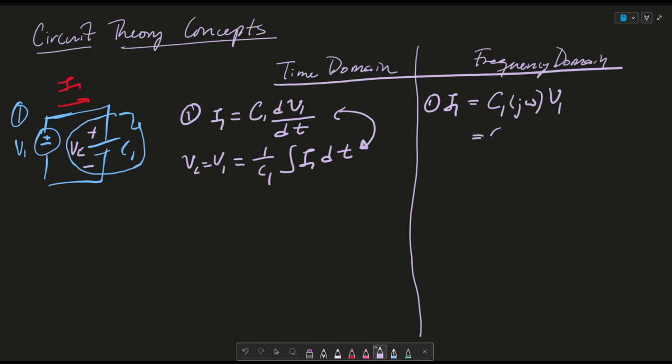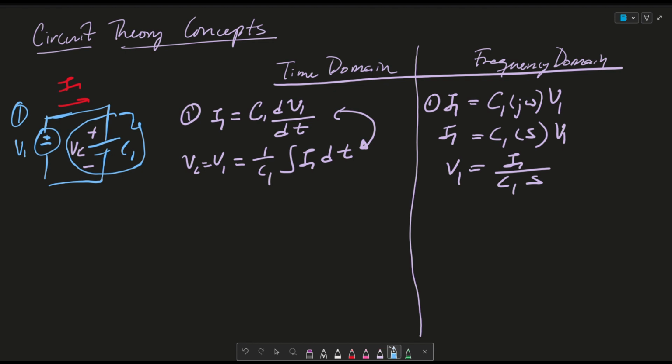You can also write this as C1 j omega equals s, so I1 equals s C1 times V1. If you wanted to write the voltage V1, it's going to equate to I1 over C1 s.